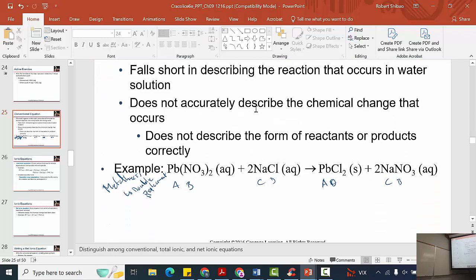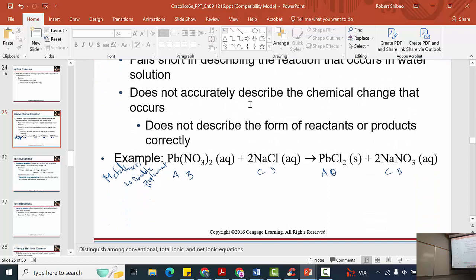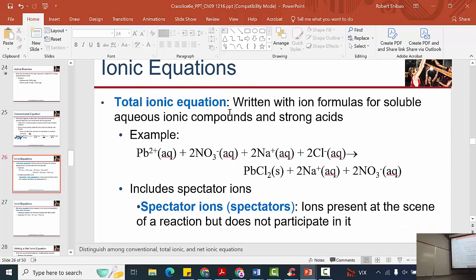I'm going to call this first equation the CE. The CE just shows you what chemicals to buy. We need to buy some lead-2 nitrate, we need to buy some sodium chloride, and we mix them together, and this is what we're going to form. The total ionic equation, I'm just going to call the IE.